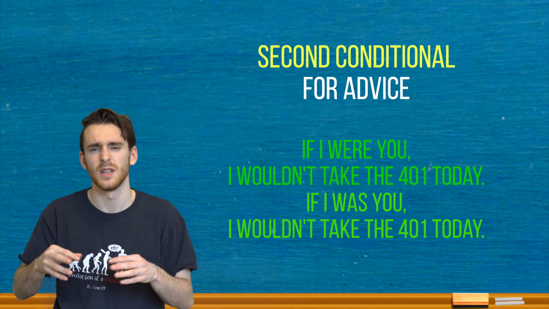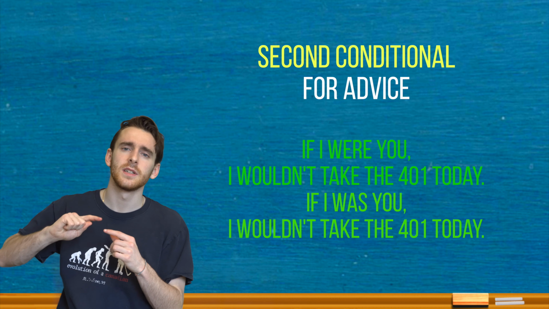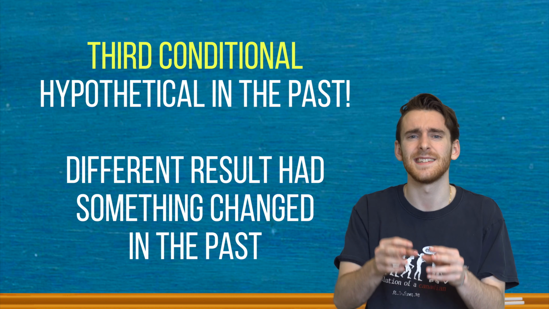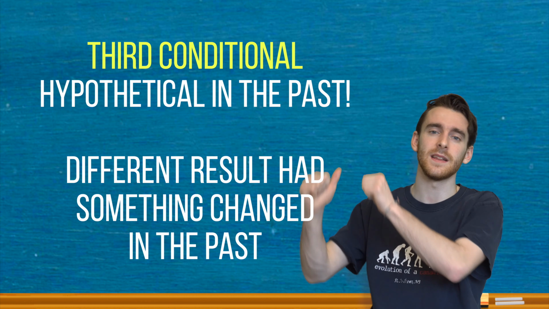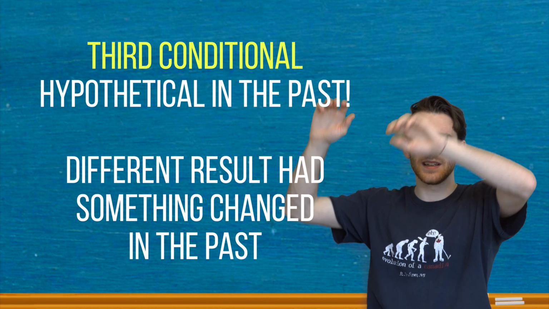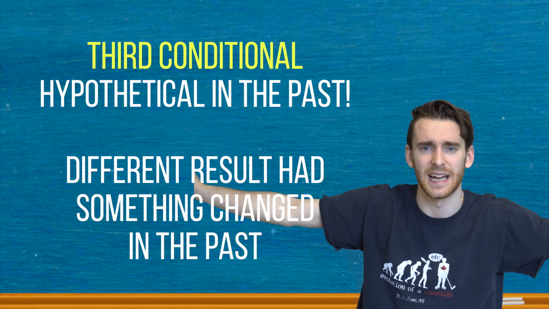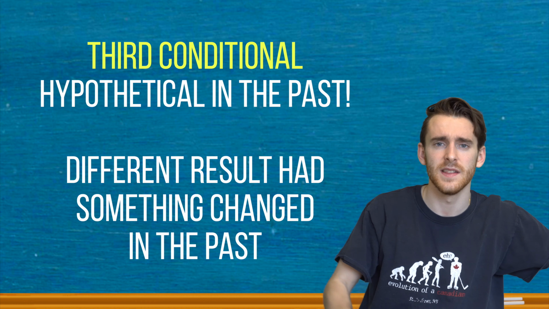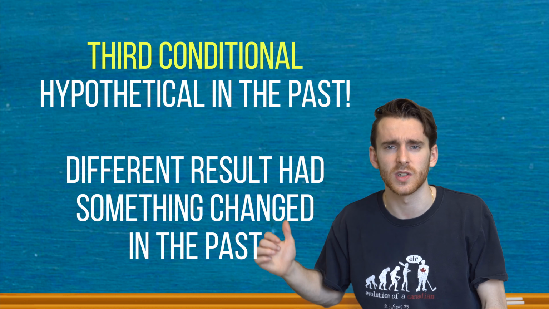A hypothetical now. Let's move on to the third conditional. So the way I explain the third conditional to my students is sort of like I explained the second. I just say it's a hypothetical, but in the past. So it's something that's in the past, we can't change it now. But we're saying if this had happened in the past, this would have been the result.